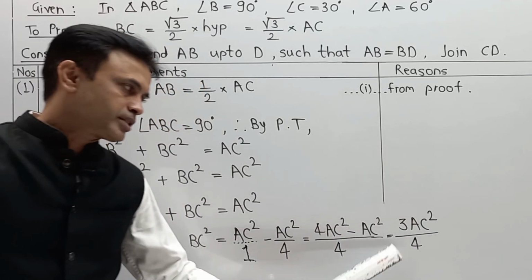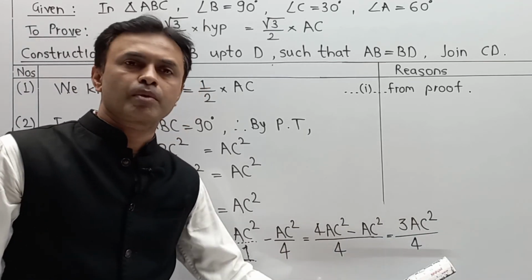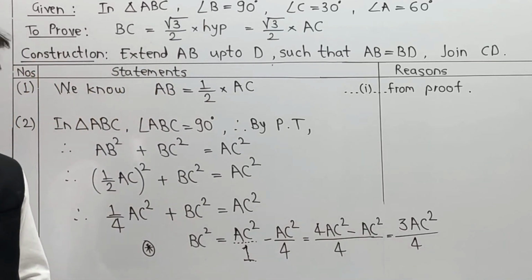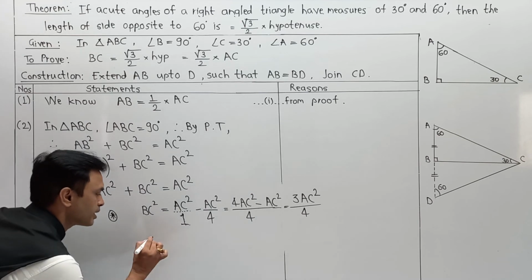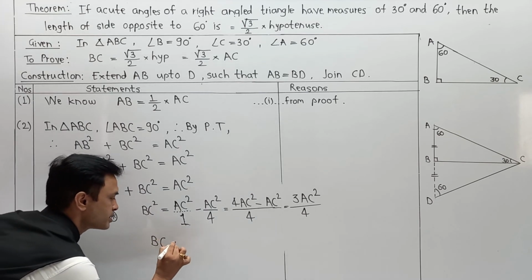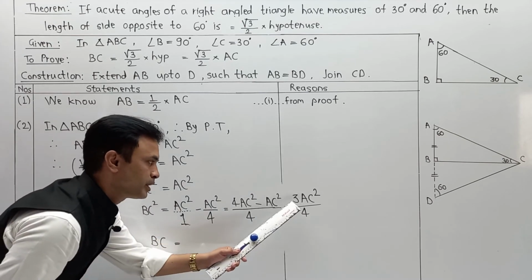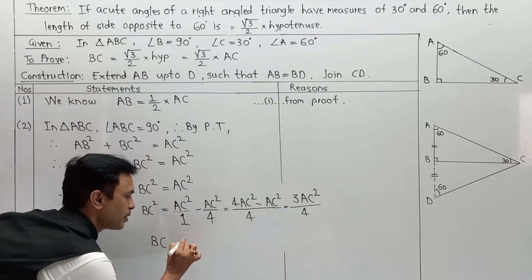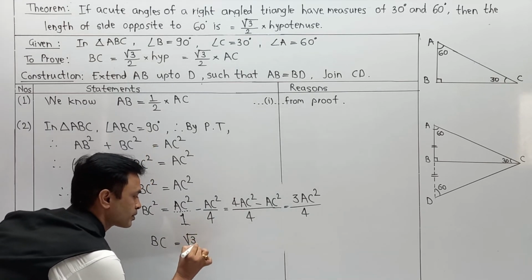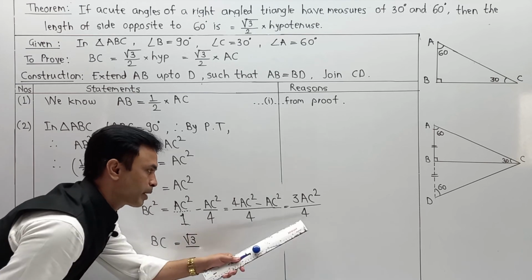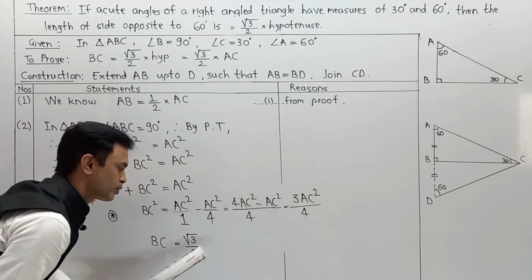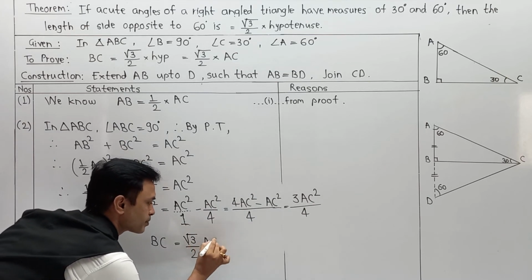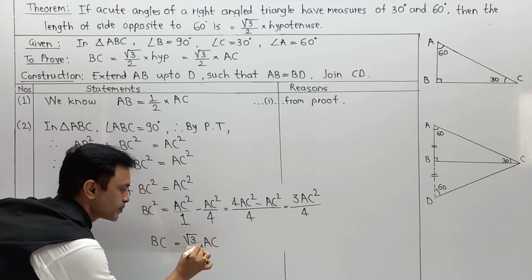BC square is equal to 3 into AC square by 4. Taking root from both sides. I repeat, taking root from both sides. BC square, I am taking its root, becomes BC is equal to, 3 cannot be rooted, so it becomes under root of 3, divided by 4, whose root becomes 2, and AC square root becomes AC.